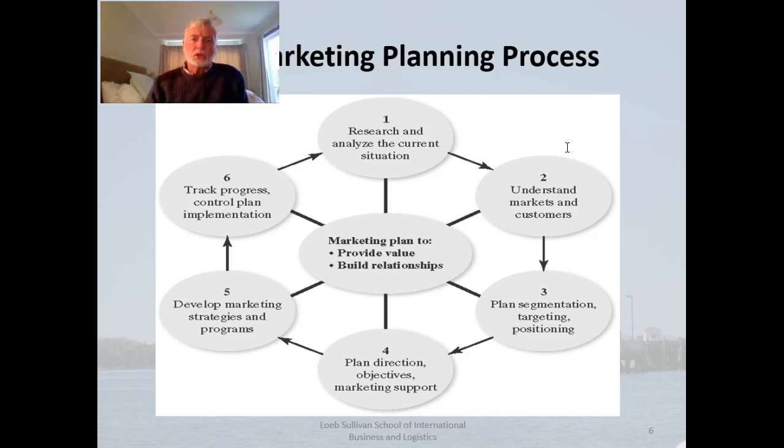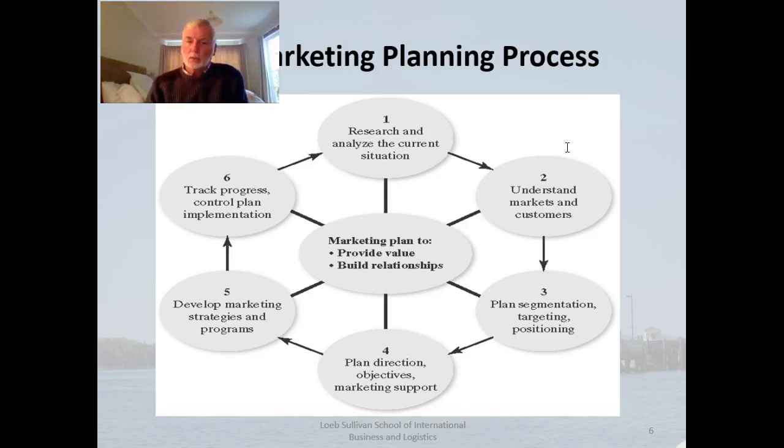So the first step is to research and analyze the current situation. Second step, understand markets. Third step, plan your segmentation, targeting, and positioning. Fourth step, plan direction, objectives, and marketing support. Fifth step, develop your strategies. And sixth, track progress and control plan implementation.